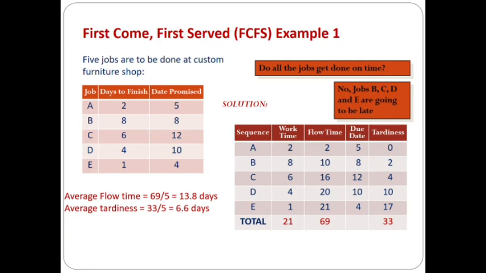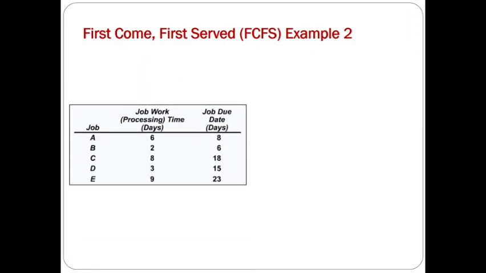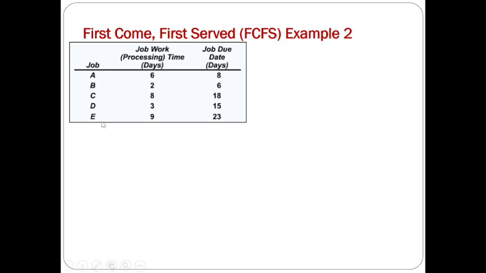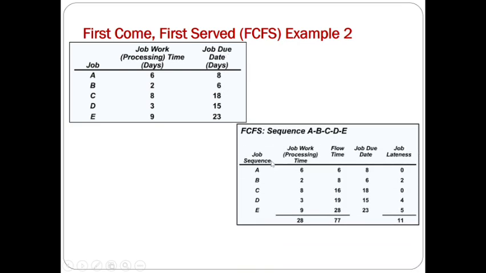Like this, right? We'll see another example. So jobs A, B, C, D, E and the processing times in days are given. The job due date is also given. We have to find out the flow time first, then the job lateness.